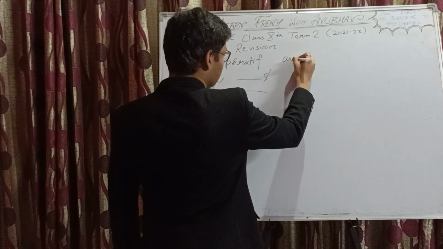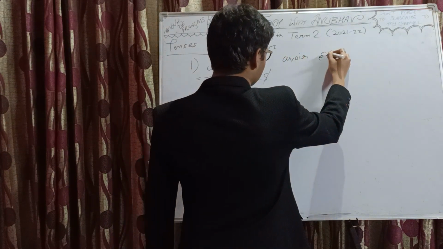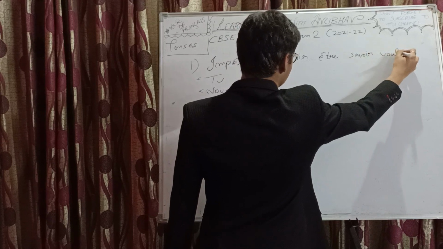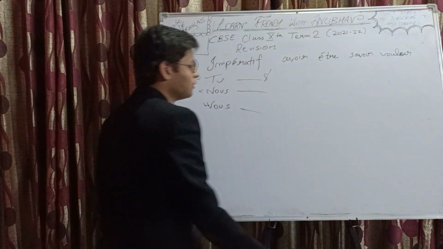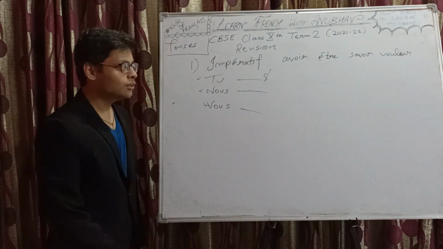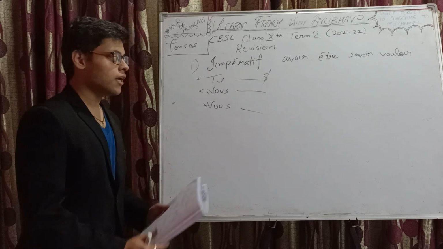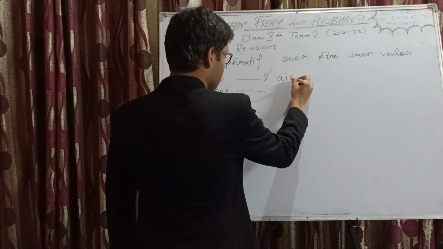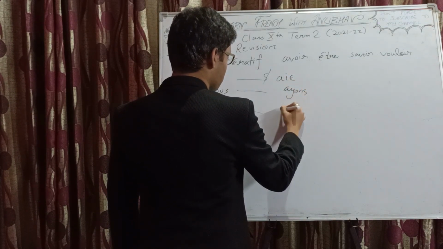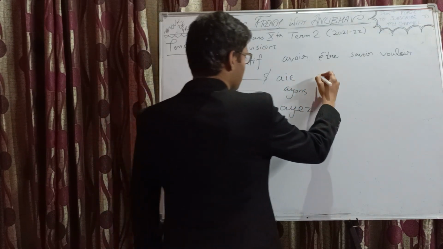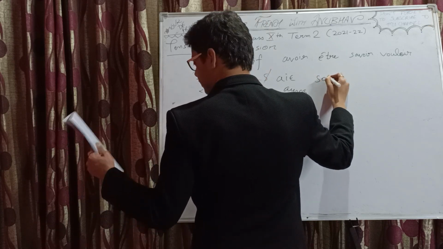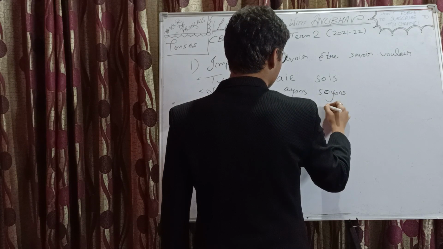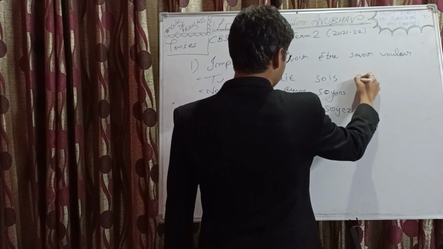We have avoir, être, savoir, and vouloir. Avoir means to have, être means to be, savoir means to know, vouloir means to want. Now what are the conjugations? Aie, ayons, ayez. Sois, soyons, soyez.